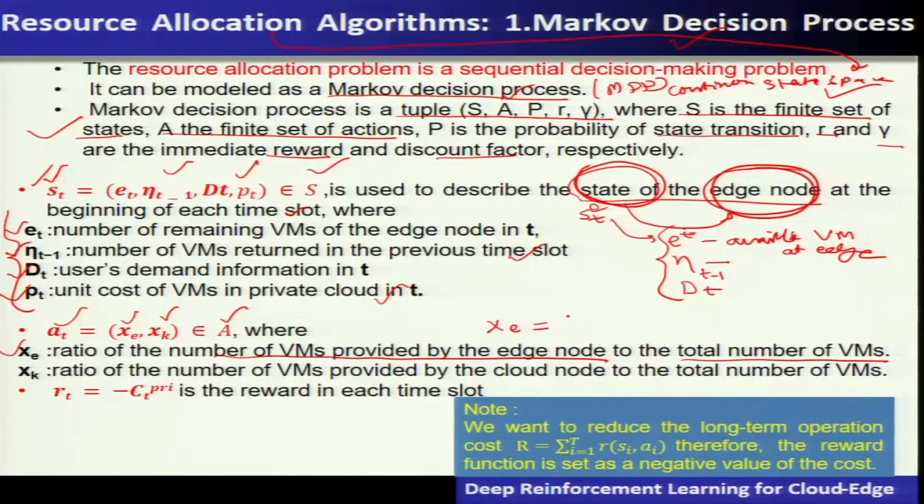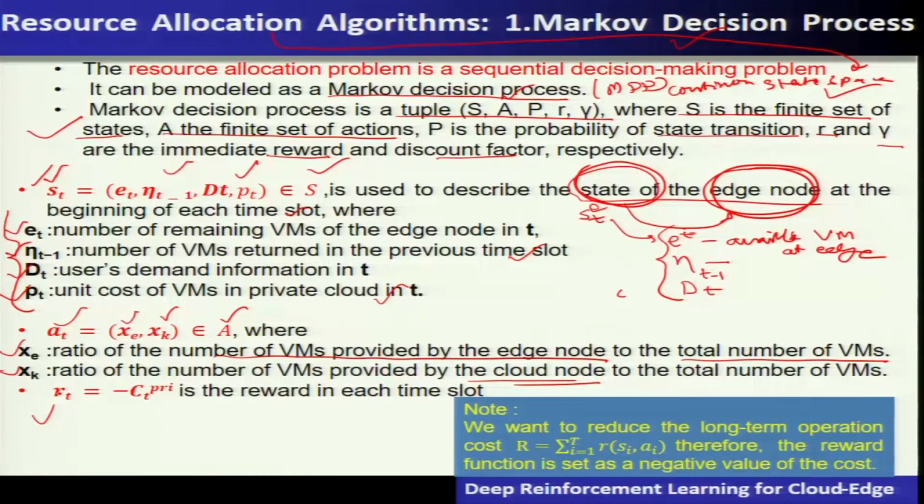So x c is the VMs which are provided by the edge nodes, which is nothing but d t of c divided by the total number of virtual machines, let us say d t. And x k is the ratio of the number of virtual machines which are provided by the cloud node to the total number of virtual machines. So this I have explained.